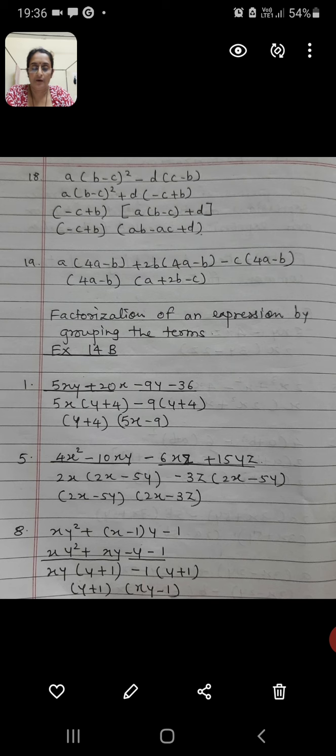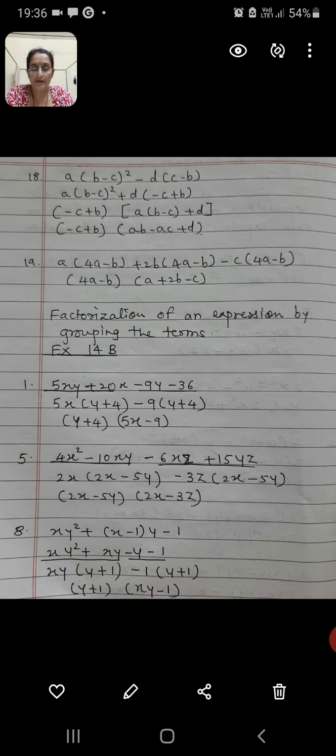factor. Now we'll go to the second group, that is minus 6xz plus 15yz. So what is common in numerical coefficient? In 6 and 15, we'll take 3 as a common factor, and in xz and yz, z is common. So minus 3z is the first factor of that second group.